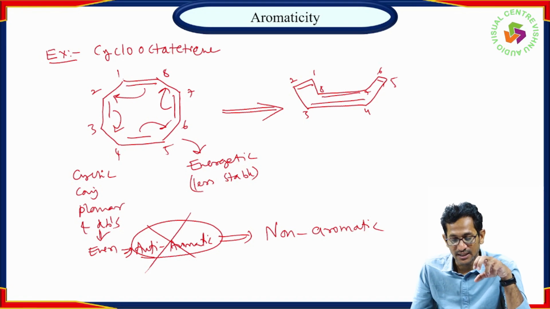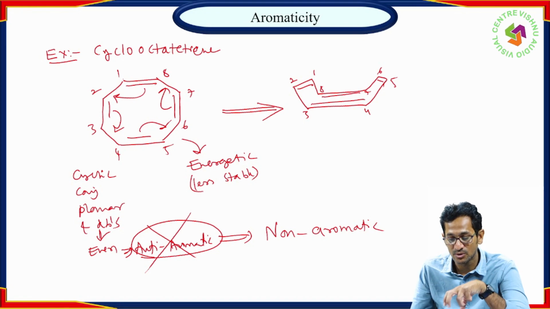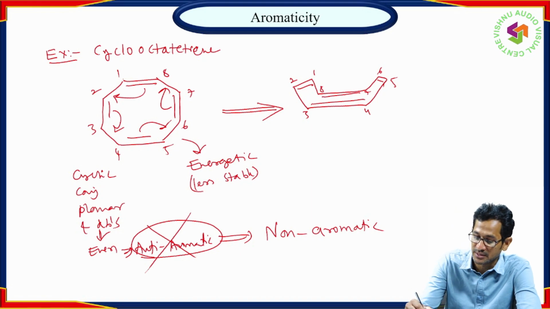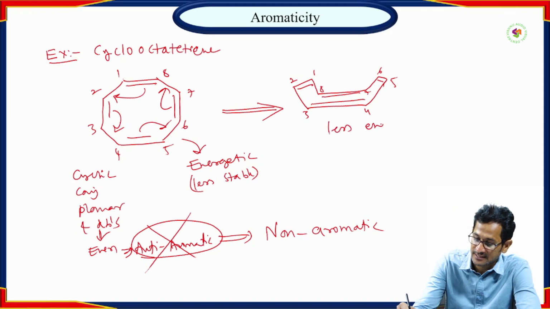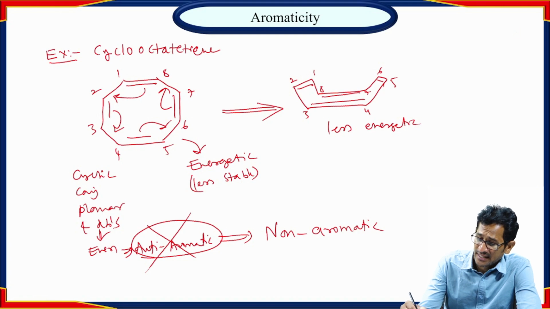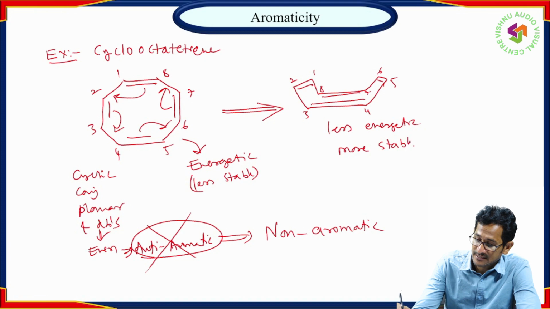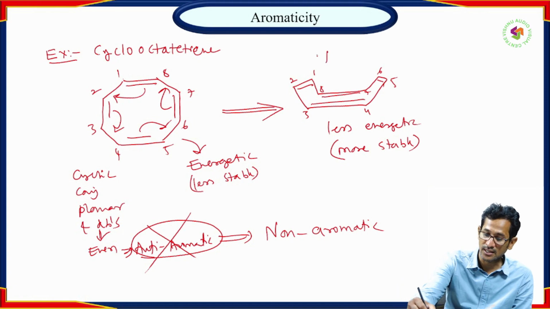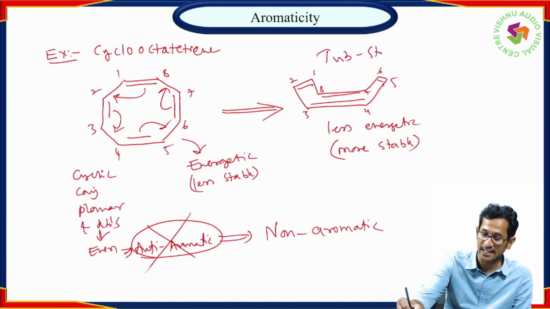Once cyclooctatetraene turns to the tub state, it is less energetic and more stable. Due to its stability, cyclooctatetraene exists in the tub structure.